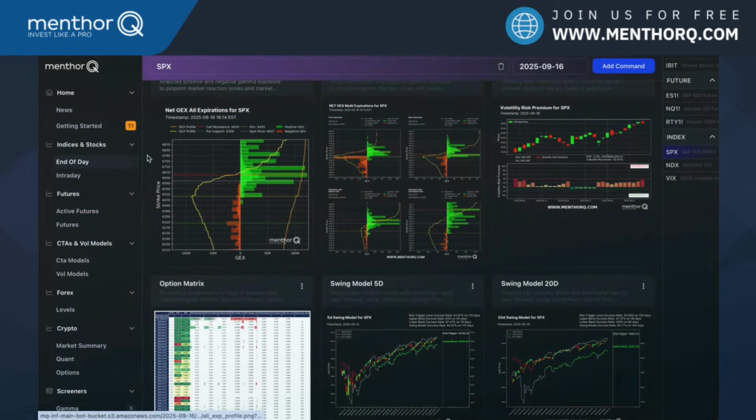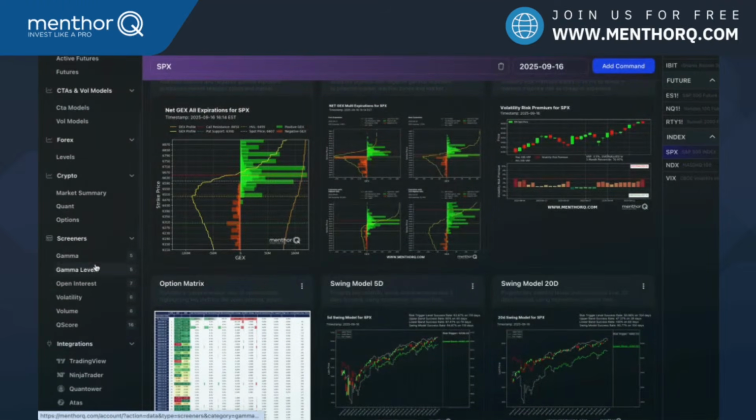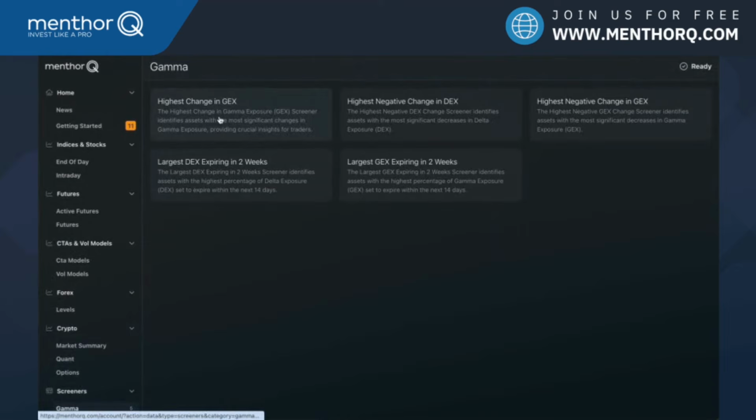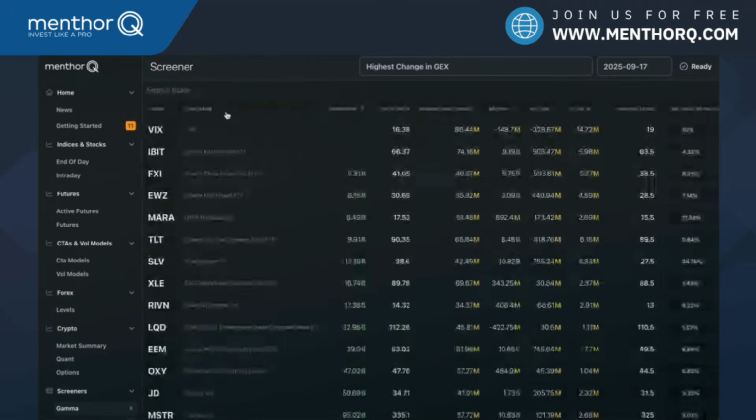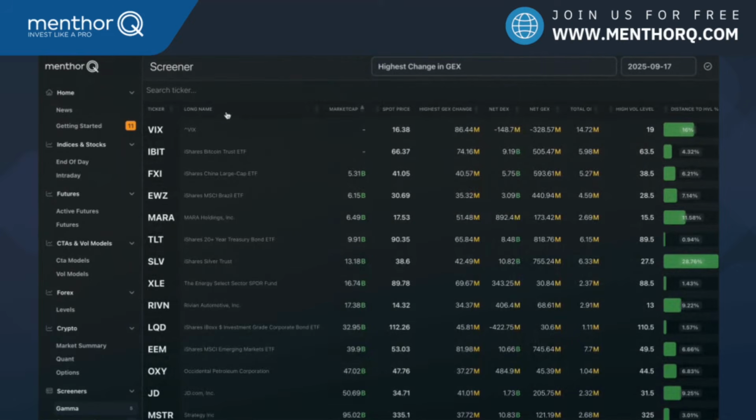Then we can also go and look at this in more of a screening format. If you click on our screeners, this is something that I always do in the morning. I click on our gamma screeners and I come here and I look at the highest change in GEX. This tells me the positive increase in gamma on different assets.